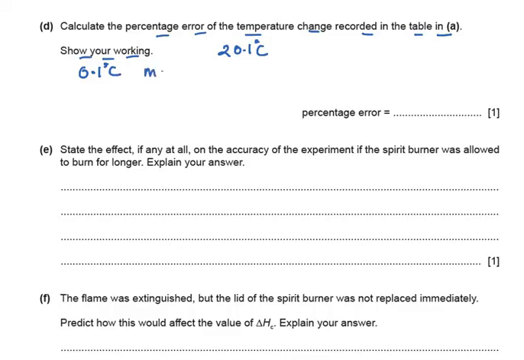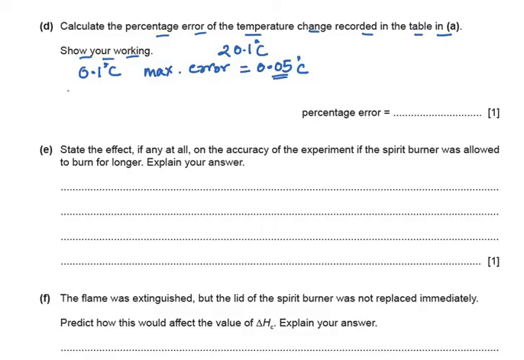So the maximum error of such an apparatus, which has a calibration of 0.1, should be 0.05, because this is the part of the reading which our thermometer is not able to read. So the maximum error of the thermometer which we have used is 0.05 degrees Celsius.